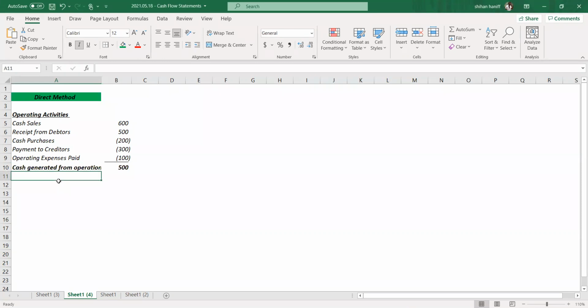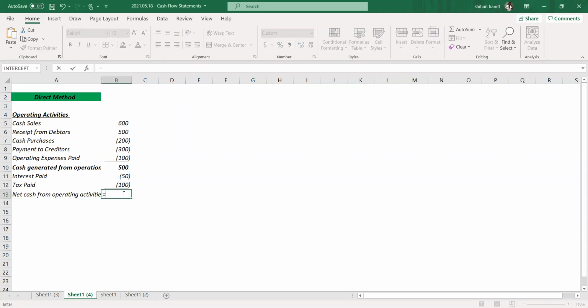Then in operating activities, we deduct the interest paid and tax payment. These two you have to show separately. So this is 50. And the final answer is called net cash flow from operating activities.